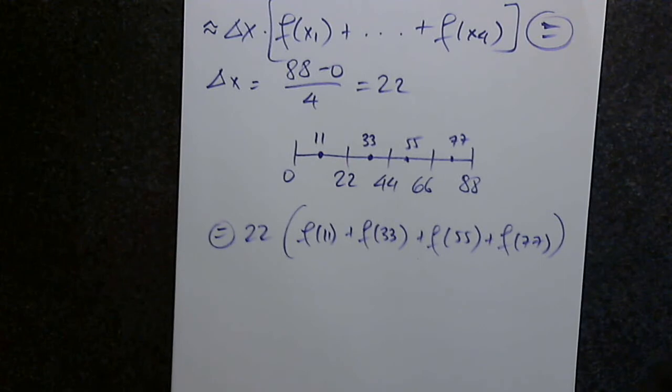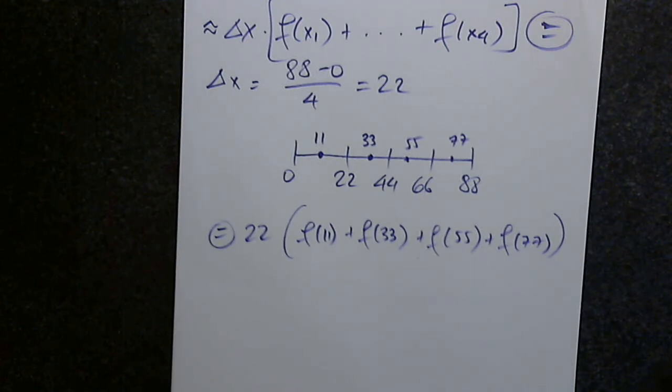One option would be to put this function in, which is sine of the square root of x. Make sure that the mode is in radian mode. Careful. So it is. Okay, so then we have 22.